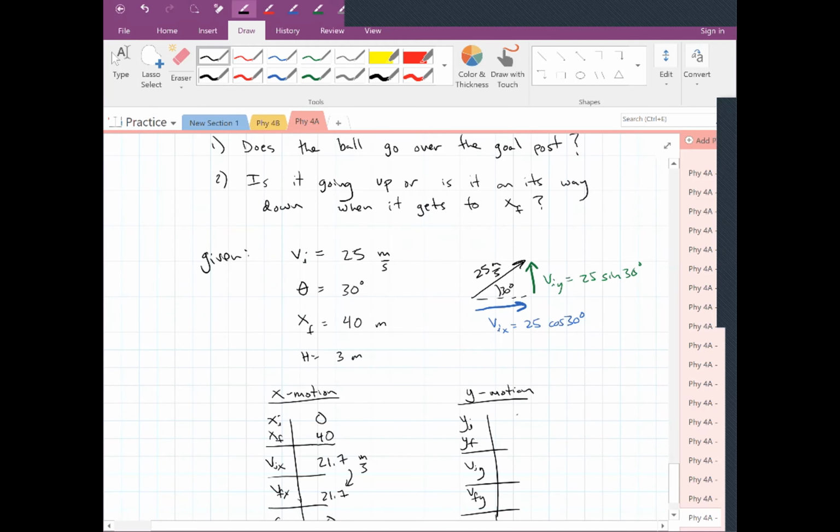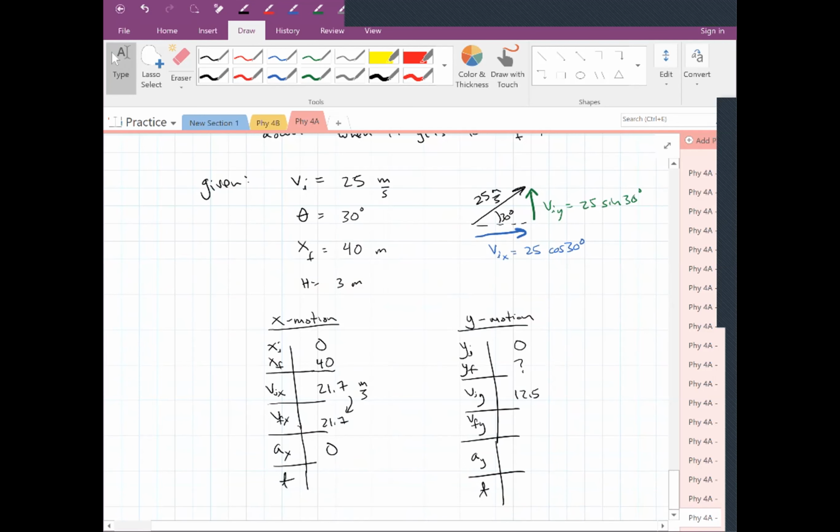Y initial is 0. Y final, we don't know. That's what we're interested in. We know the initial velocity in the Y direction is 12.5. V final, we don't know. Acceleration is minus 9.8. And time, we don't know. So we'll find time from the X direction.